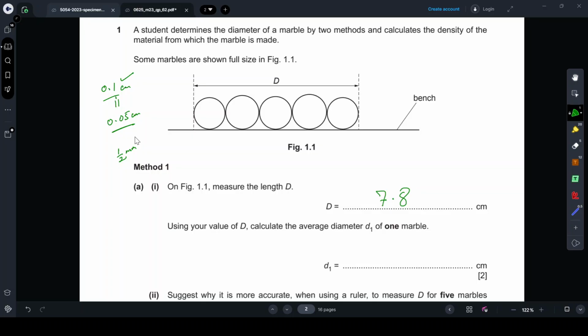Yes, there are 5 marbles, right? And so 7.8 divided by 5 is 1.56.